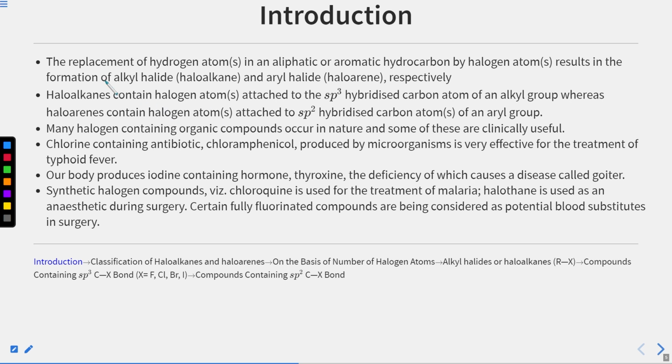It is written here also: the replacement of a hydrogen atom in an aliphatic or aromatic hydrocarbon. If it is replaced in aliphatic, we term it a haloalkane, and if it is replaced in aromatic, then it is termed an aryl halide. Aliphatic, like we have methane, ethane, propane. Let me write it here.